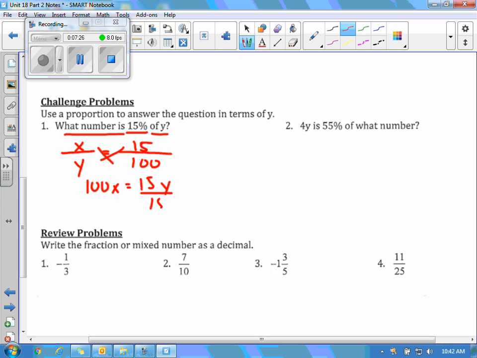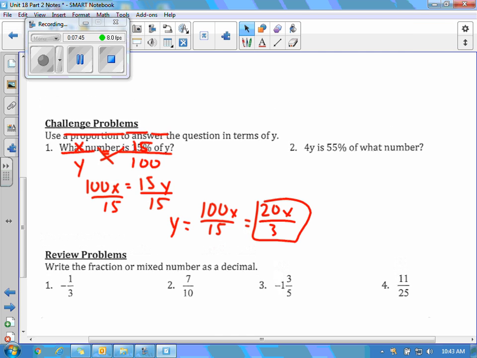So that means we want to get y by itself. So y is going to equal 100x over 15. And if we want, we can reduce that and divide top and bottom by 5, which is 20x over 3. So that's what y is. Alright, I'll let you guys try number 2, and then there's some review problems for you to do on the bottom.